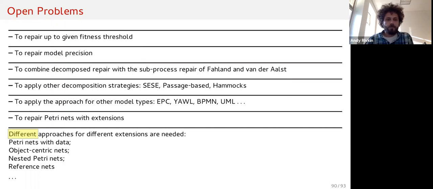The model of DPNs has different conformance checking techniques developed for it, and I think the last one was precisely based on alignment. So one could already start thinking about how to apply or transfer the repair techniques to those models.